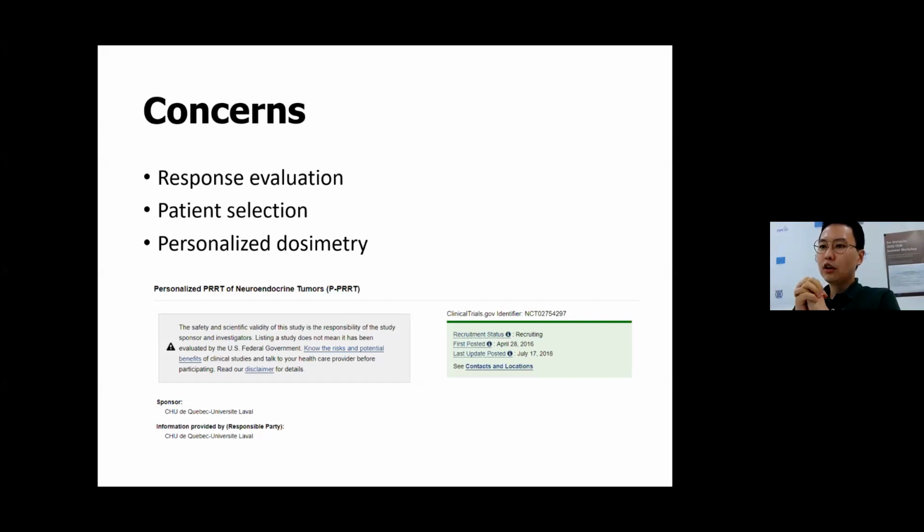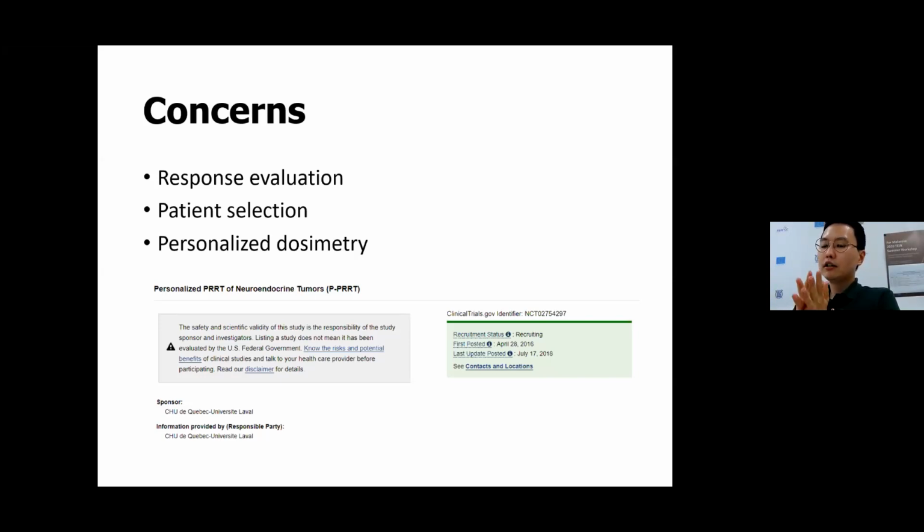And also there are some concerns about personalized dosimetry. Now we are using a fixed dose for lutetium DOTATATE in Korea for the clinical trial, and Lutathera is also usually applied as a fixed dose.